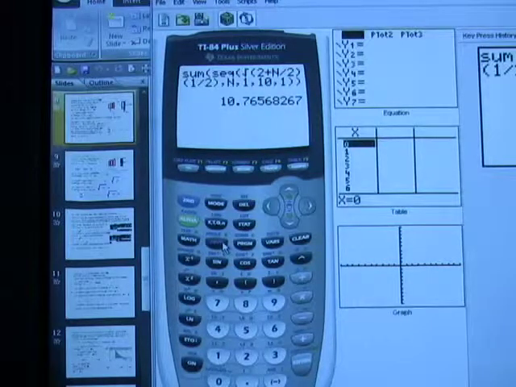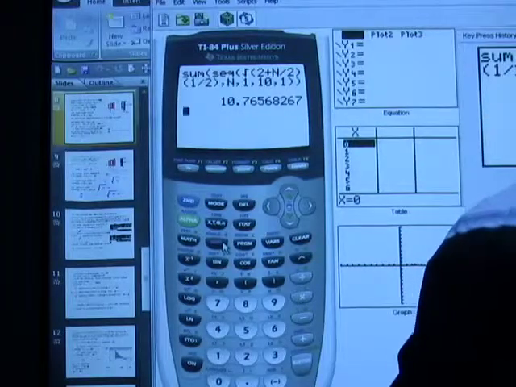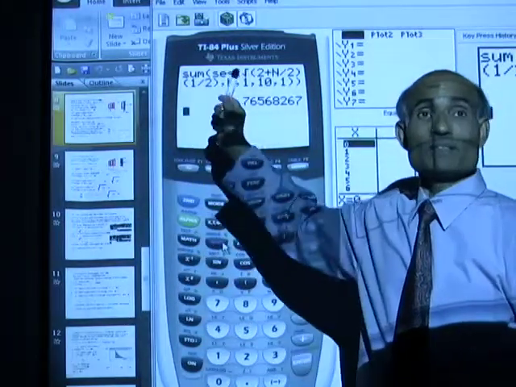Now keep track of this value so that we can use it again. Now this is the right area.